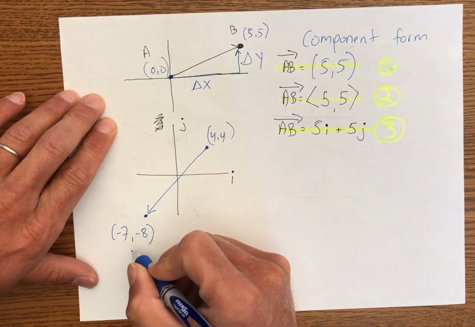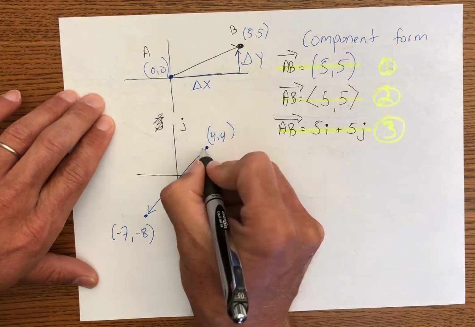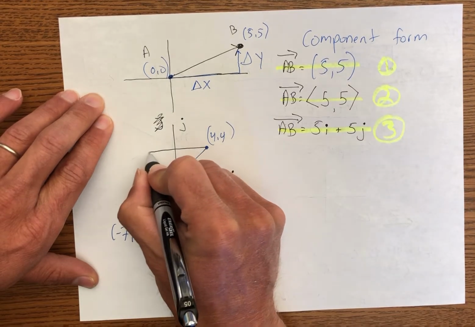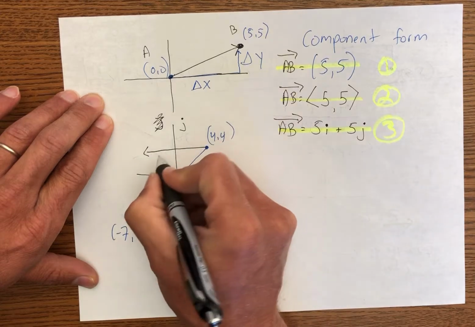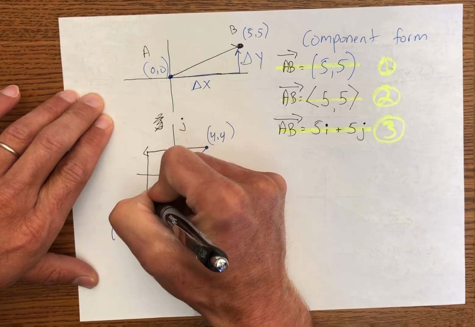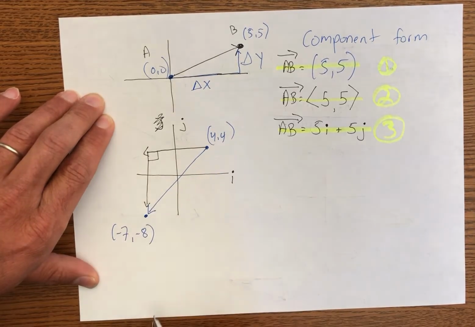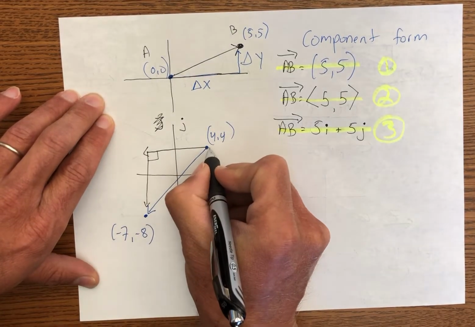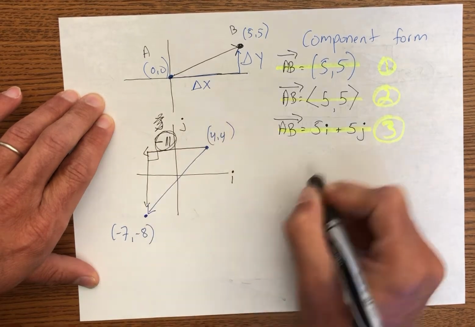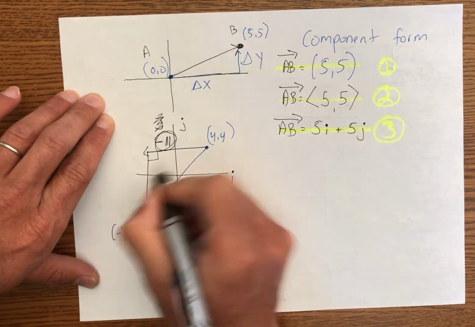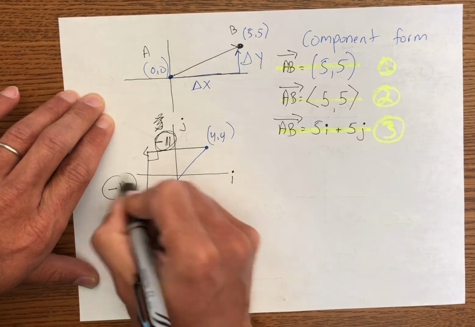Write this in component form. Well, let's look at how much it's traveled. It's traveled a certain amount of units to the left and then a certain amount of units down. Technically, you could just call this a right triangle. So it's traveled -11 units to the left, and it's traveled from 4 down to -8, so -12 units down.